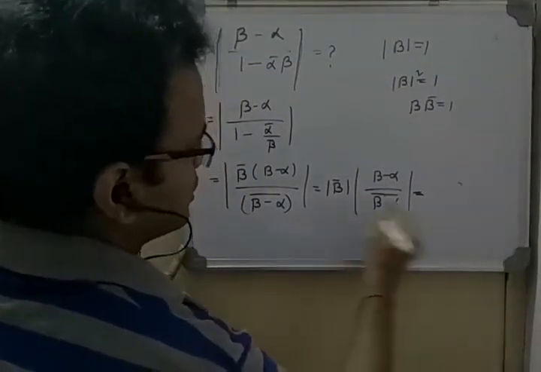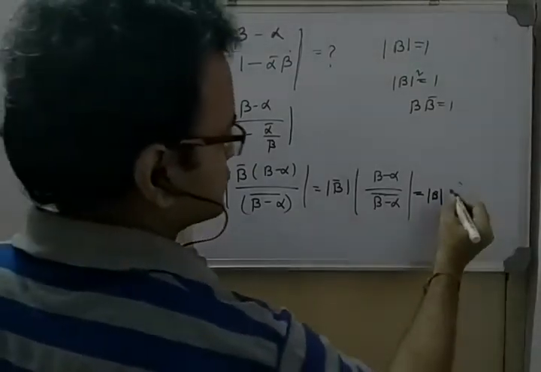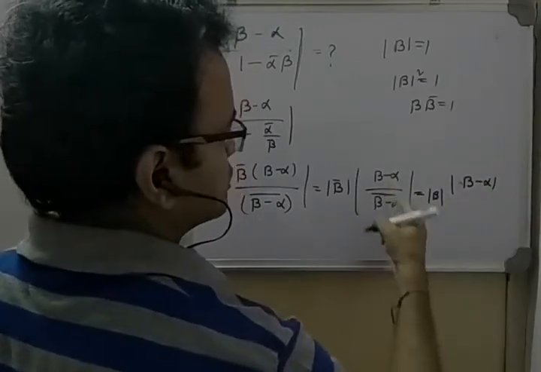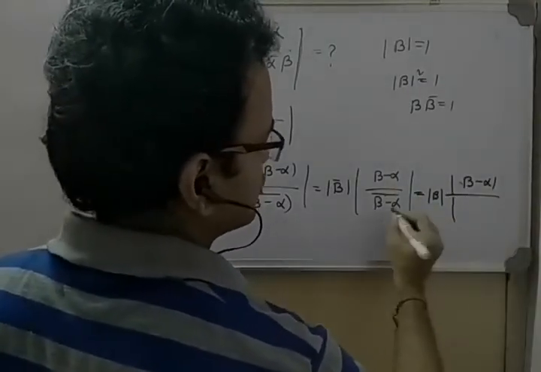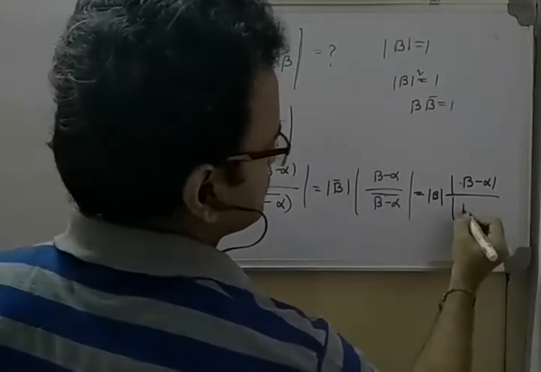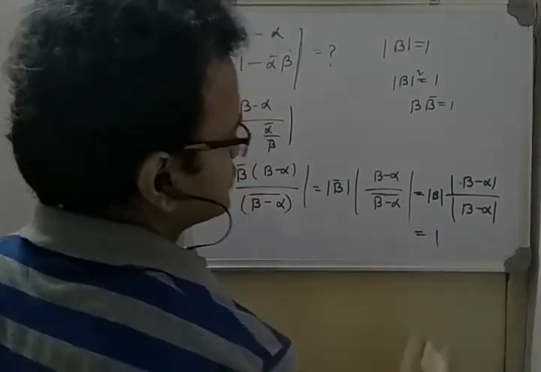First thing is mod beta bar can be mod beta, because we know mod z bar and mod z are the same. Here we will break it. Mod of z1 by z2 is mod z1 by mod z2. So here also mod z bar becomes mod z. This cancels, mod beta remains, it is 1.